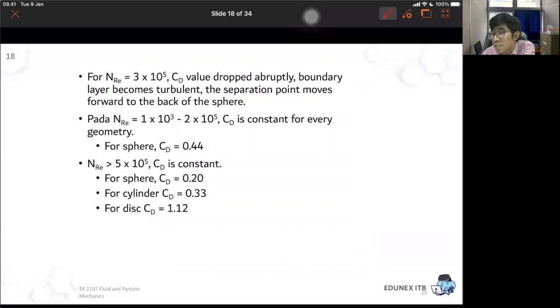Not a conclusion, but some general rules or general phenomena that you can use for sphere particles. When the Reynolds number reaches 3 times 10 to the power of 5, like 300,000, the drag coefficient will drop.